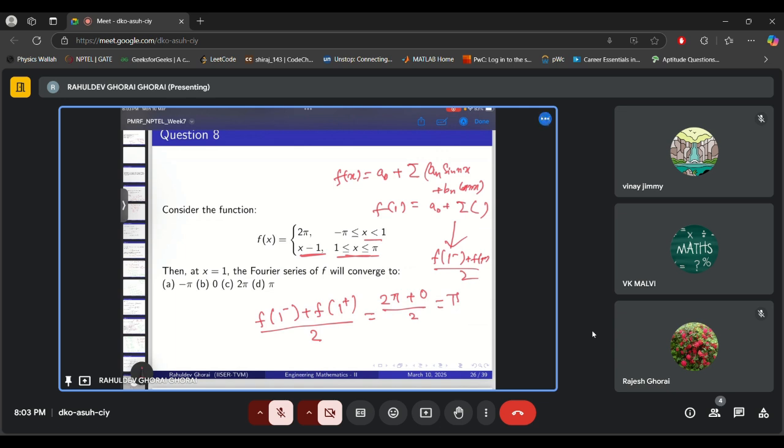But the thing is, Fourier series will converge to pi here. It's not to 0, which is the function value, okay, that is to remember.